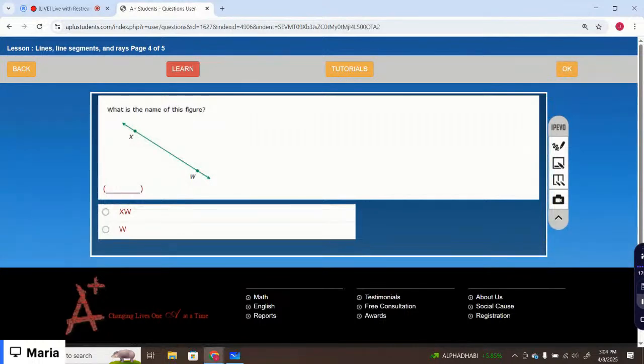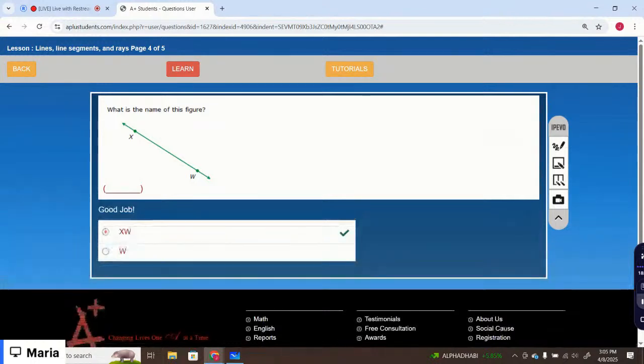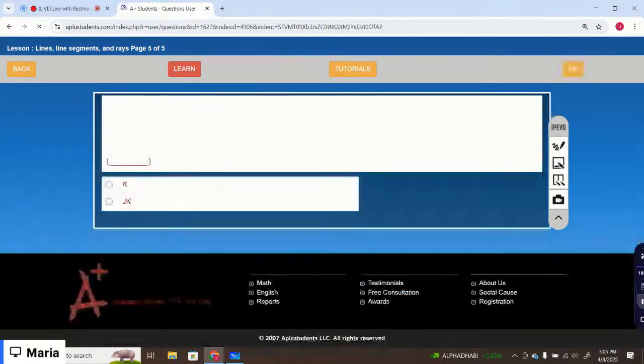What is the name of the figure? XW it is, option number one is the correct option. What is the name of the figure?